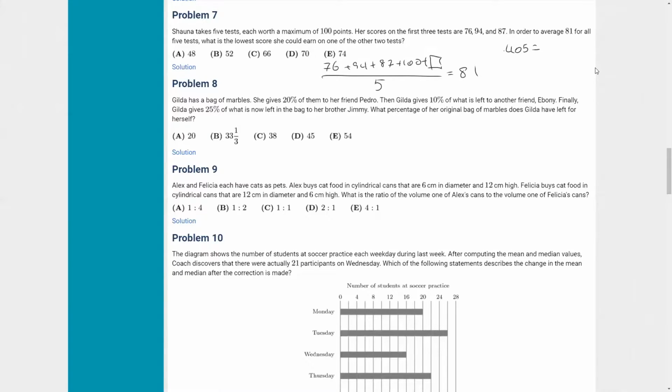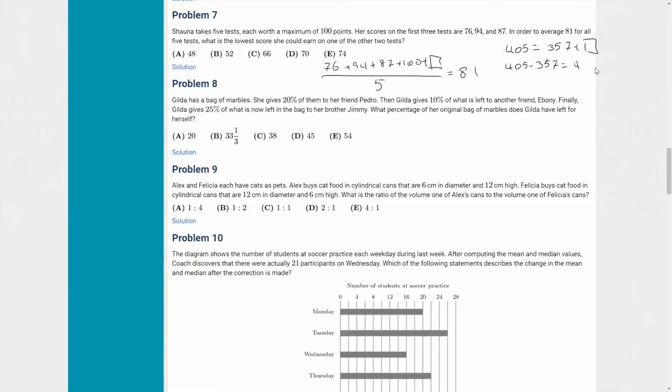So let's multiply 5 times 81. 5 times 81 is equal to 405, equals 76 plus 94 is equal to 170, plus 87 is 257, plus 100 is 357. So 357 plus this unknown score. And this unknown score is 405 minus 357.